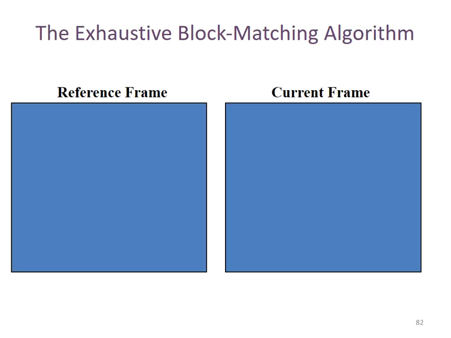Okay, so the exhaustive search will be like this. Once we have the microblock in the current frame, we take the same position in the previous reference frame, and then we can define a search range here.